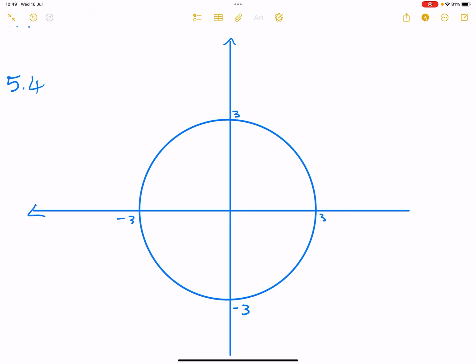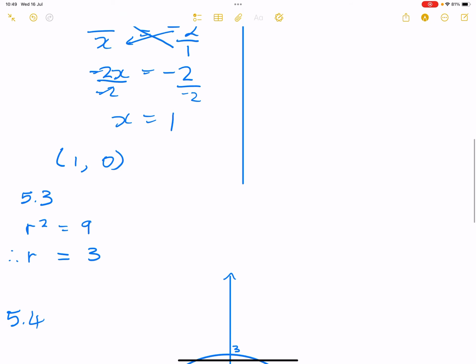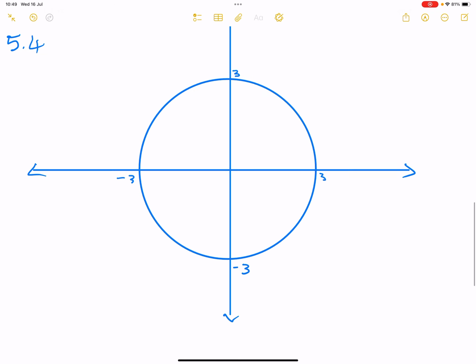Now let's go for the hyperbola. Please note, we said we've got an x-intercept, which is at (1, 0). And what do we note about our hyperbola?